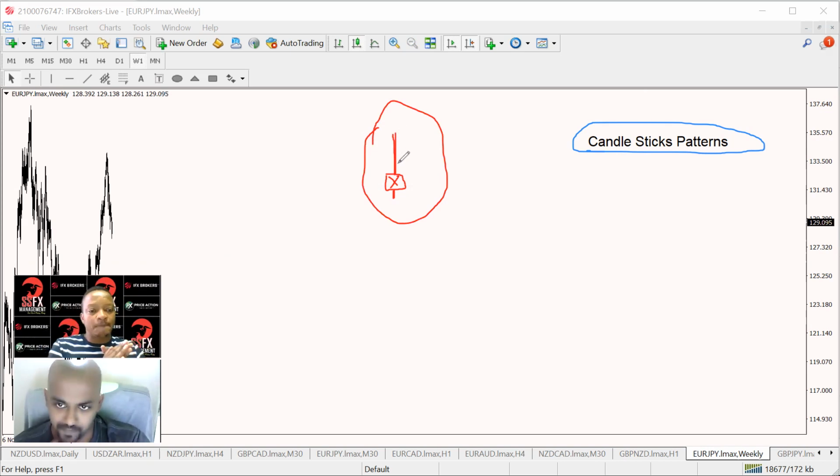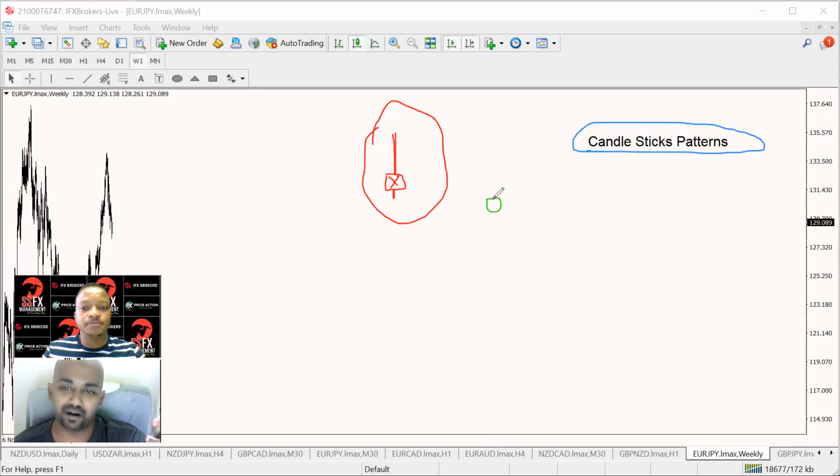Because we have 2 types, we have a bullish and a bearish candlestick. In a bullish candlestick, the bulls push price up, and the bears push price down. The opposite of this one will be this.